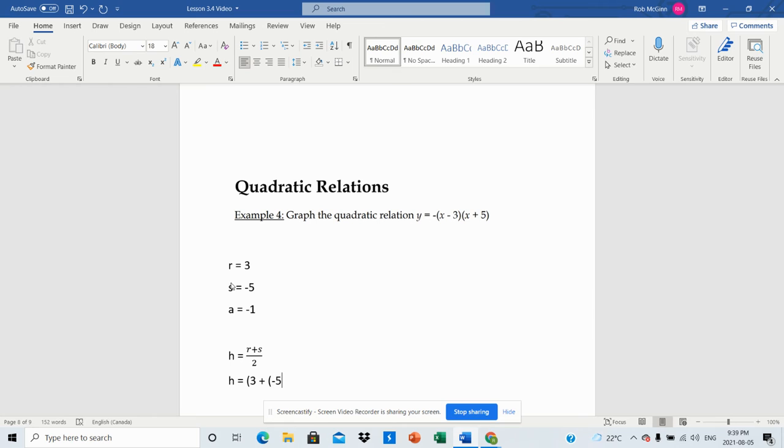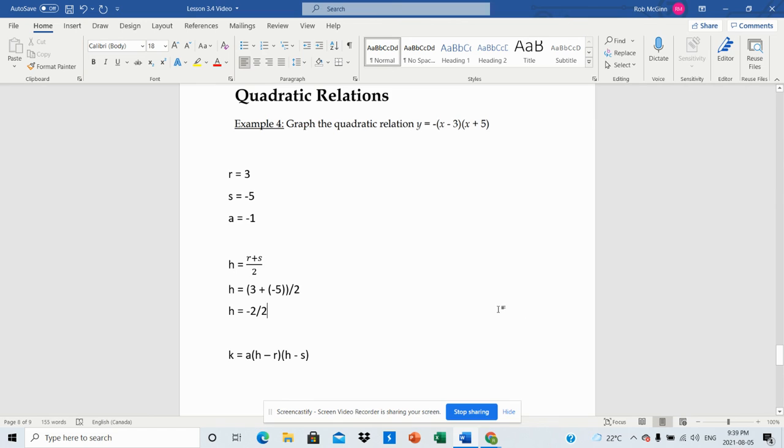So 3 plus minus 5. And all that's going to be divided by 2. In this case, 3 minus 5 is going to be minus 2. That's divided by 2. And so our h point is minus 1.